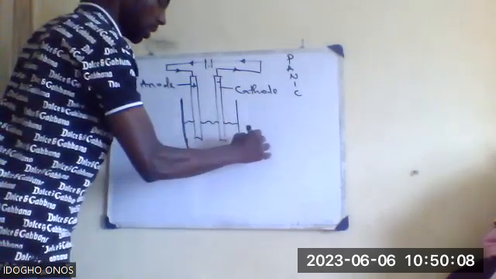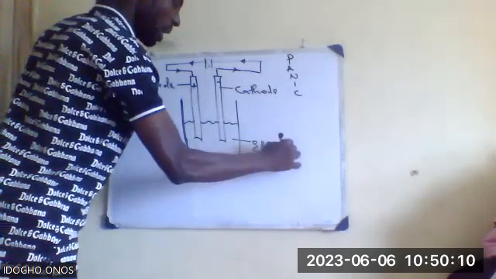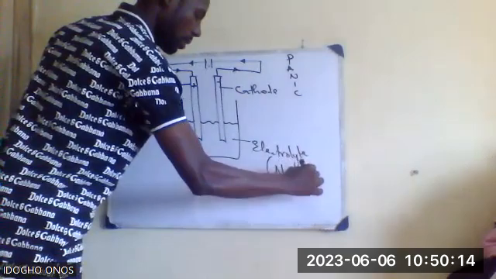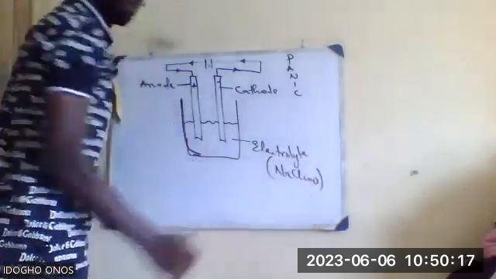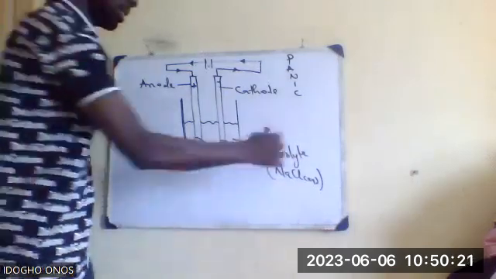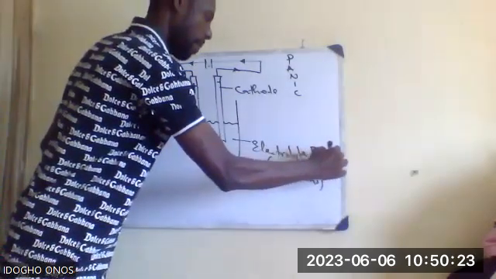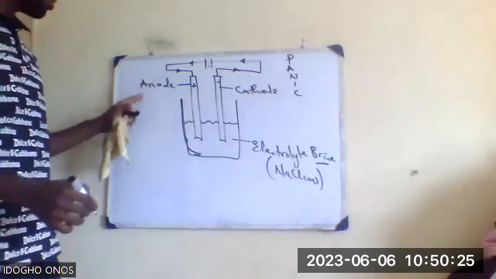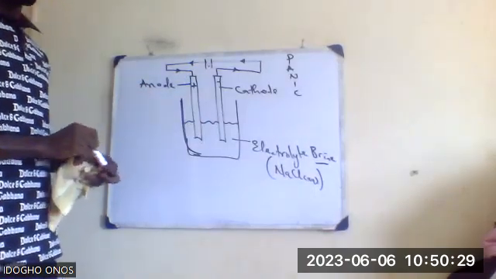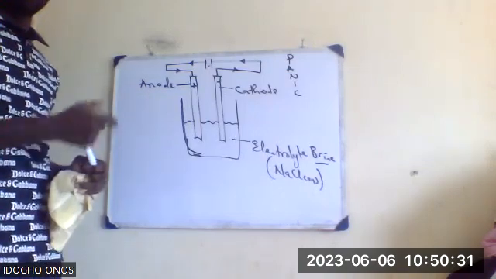Now, if this is the electrolyte, which is sodium chloride aqueous, remember, because we said brine, the product at the anode is what? Is it hydrogen gas or chlorine gas?